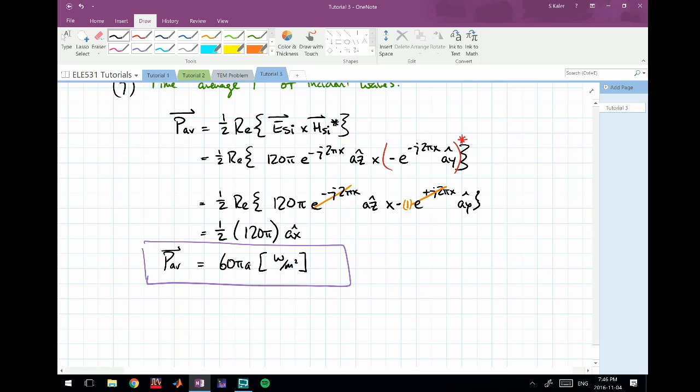First thing to realize, it should be in the same direction as propagation. Our incident waves are traveling in positive AX, and our time average Poynting vector is also traveling in the same direction as the incident waves. The second thing to realize, it's time average, so it's entirely real, because we take the real part of it. If I have j's somewhere in here, it means I've done something wrong.